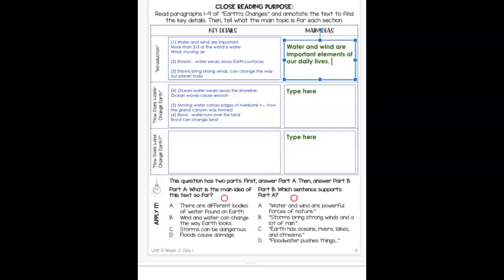Really, I just took the first sentence. Water and wind are important elements of our daily lives. Let's see if that works for how does water change Earth as well.